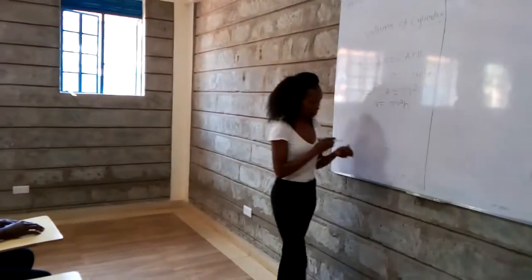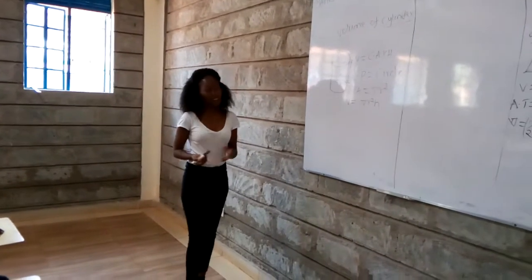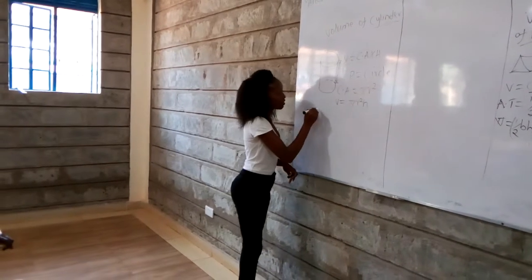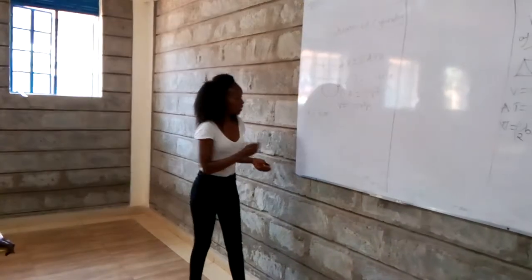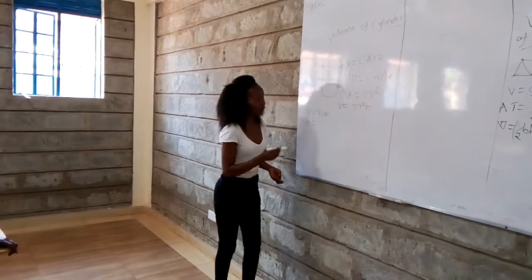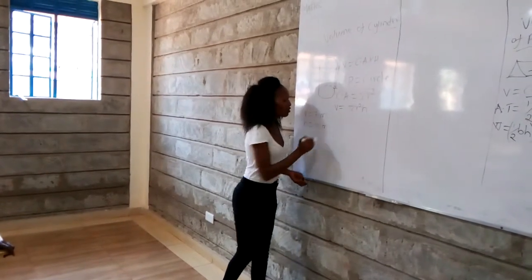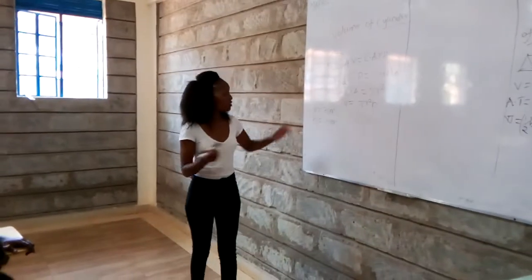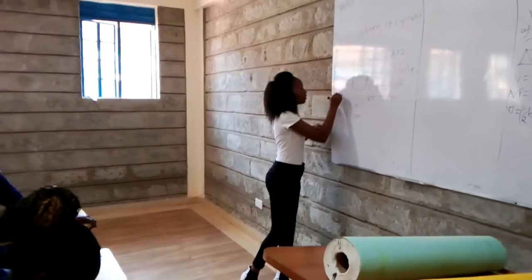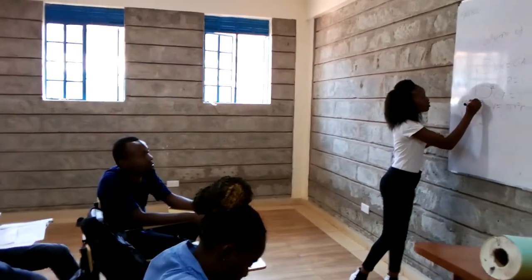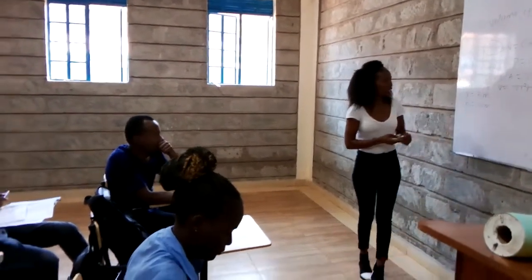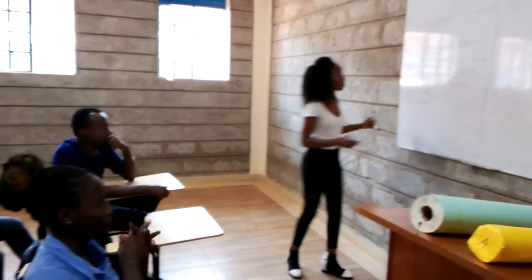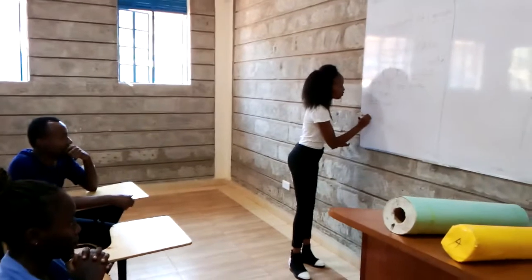Good. So let's say that we have our radius to be 7 centimeters, the height to be 10 centimeters, and you take pi to be 22/7. How can we get the volume of this figure?